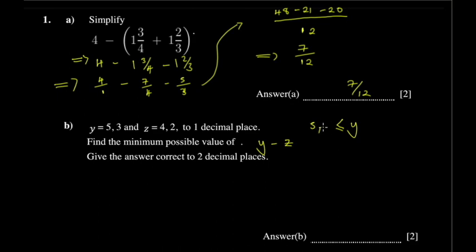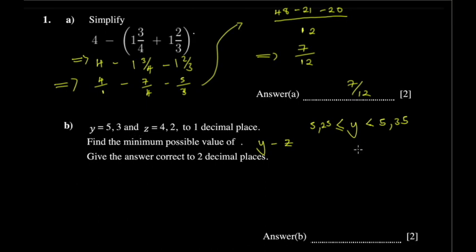We call this the lower bound, because any number which is 5.25 and above up to 5.3 can be approximated to 5.3. So the upper bound would be, here you put a strict sign. Why? Because the number that we're going to put here, we're actually not going to include it. Okay, so it's 5.35. So any number less than 5.35 will be rounded off to 5.3.